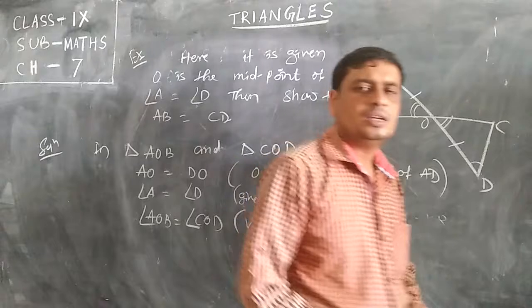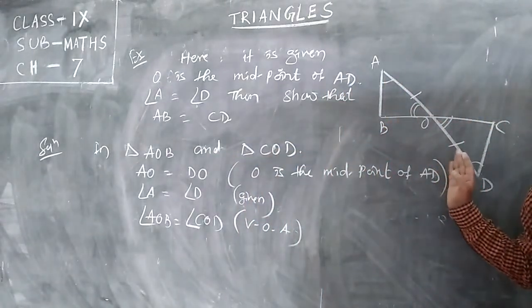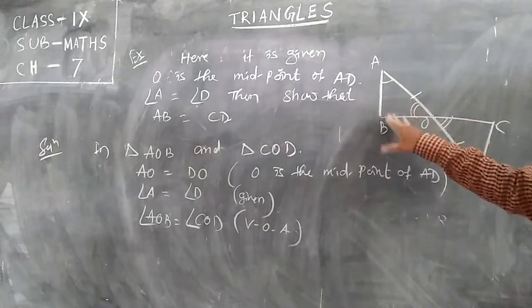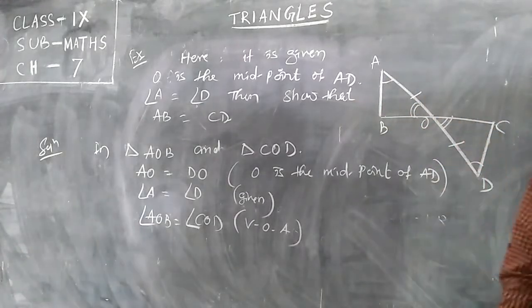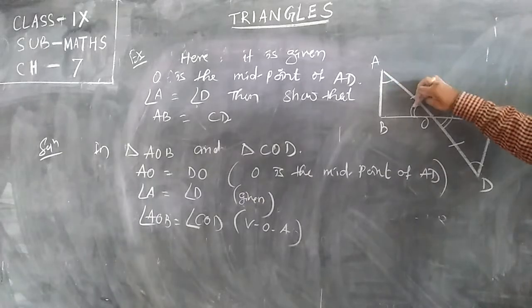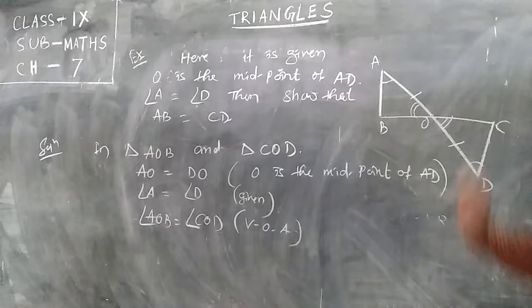We know the vertically opposite angles are always equal in magnitude. So according to the rule angle side angle, both the triangles are congruent.